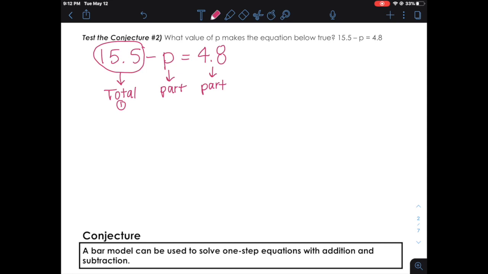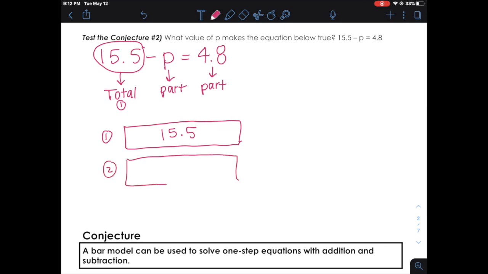So we're going to use the first bar model to represent the total, 15.5, and the second one to represent the 2 parts. They're equivalent in size because, again, we're using an equal sign here, so that tells us that the bar models should be equal in size. Okay, and then that second one was made up of the parts, which is P and 4.8.